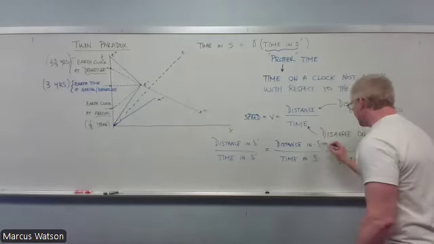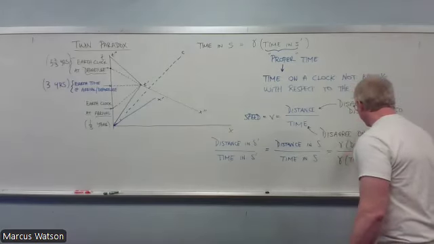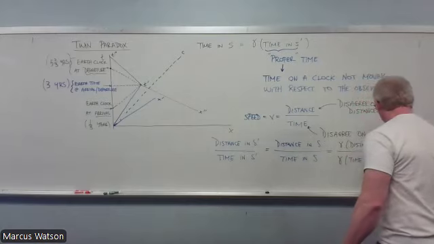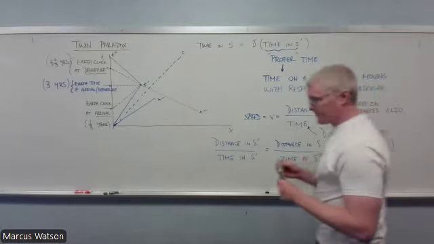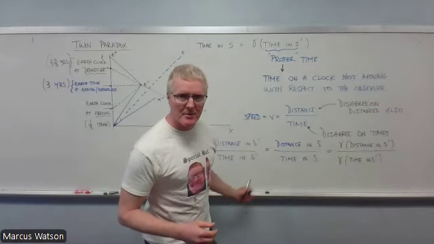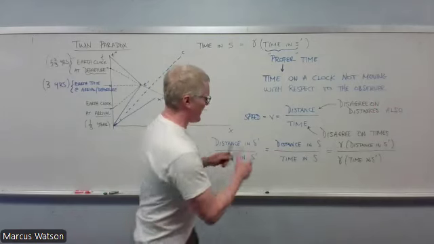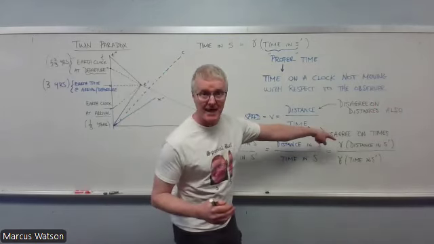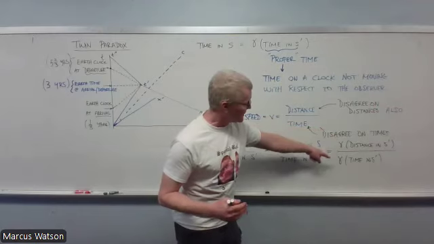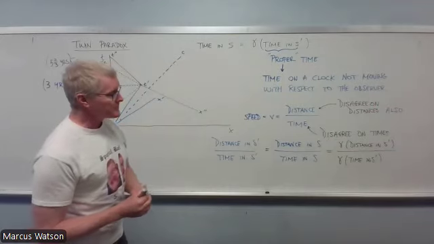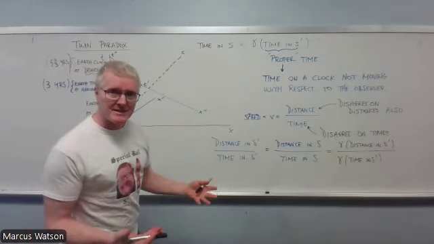Distance in the S frame has to be equal to gamma times distance in the S prime frame. Because if I'm dividing by gamma, and I need this to be the same number as this, then I need to get the gamma out of there. Okay? So this gives us a little bit of a clue as to how the distances are related.